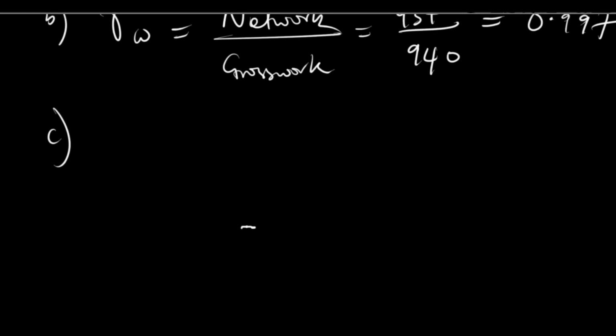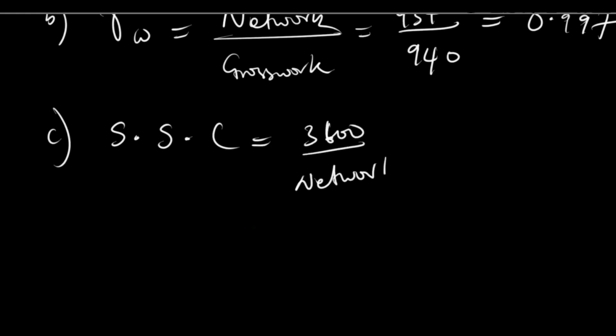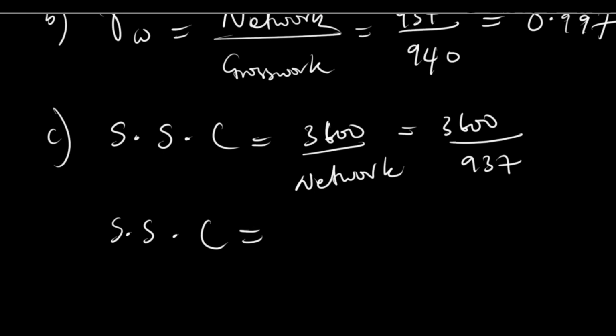The specific steam consumption, that is the SSC, is given by 3600 over net work, which is 3600 over 937. SSC will have a value of 3.84.